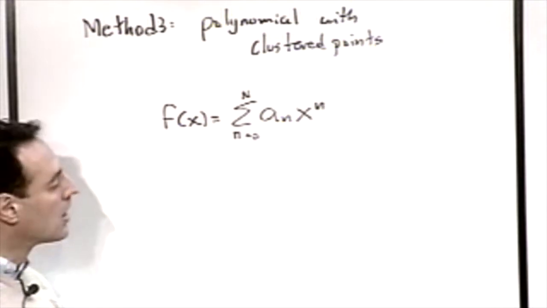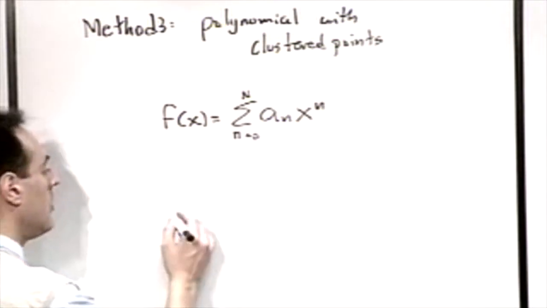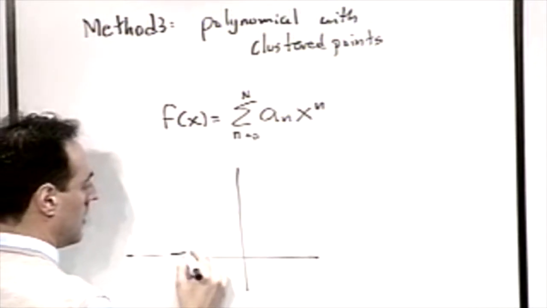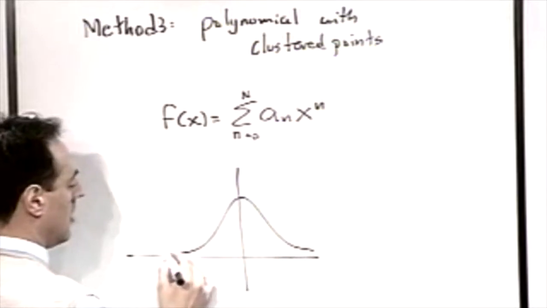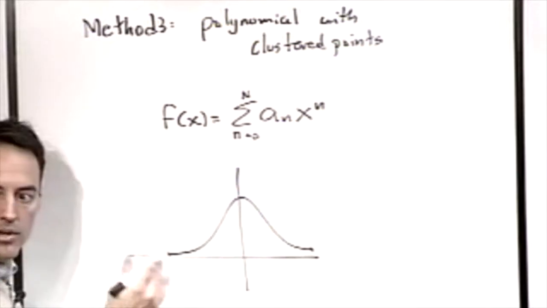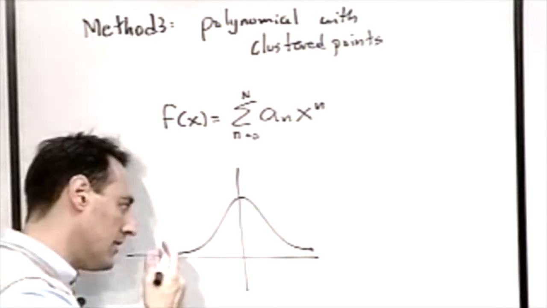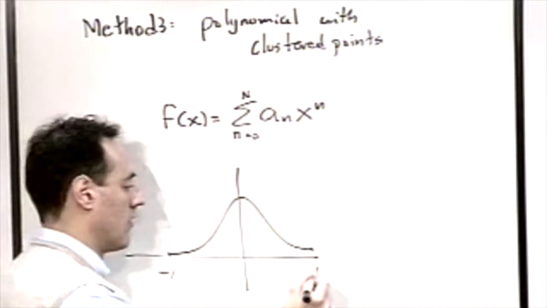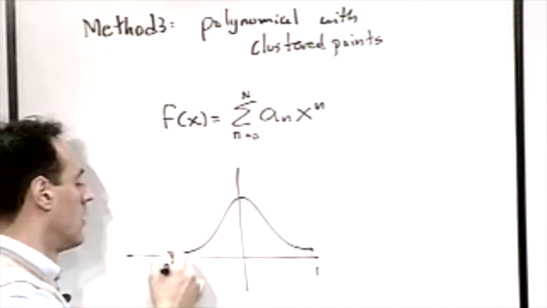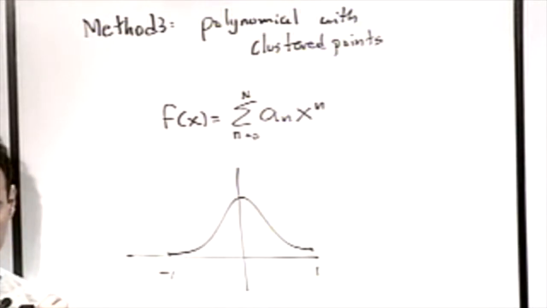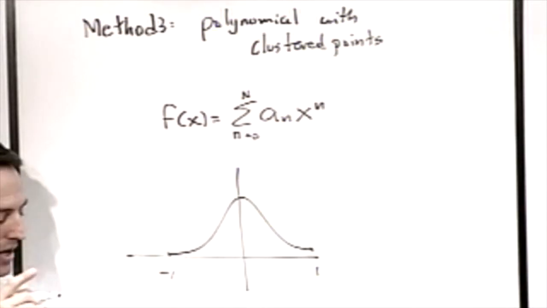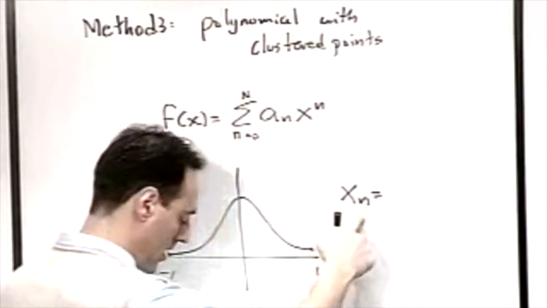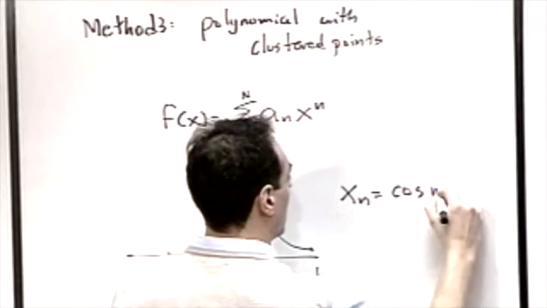But now, instead of having the points evenly spaced between negative 1 and 1, let's say, I'm going to cluster them. I'm going to cluster them in a very specific way. I'm going to cluster them on the following points. My x points that I want them to be on are given by this.